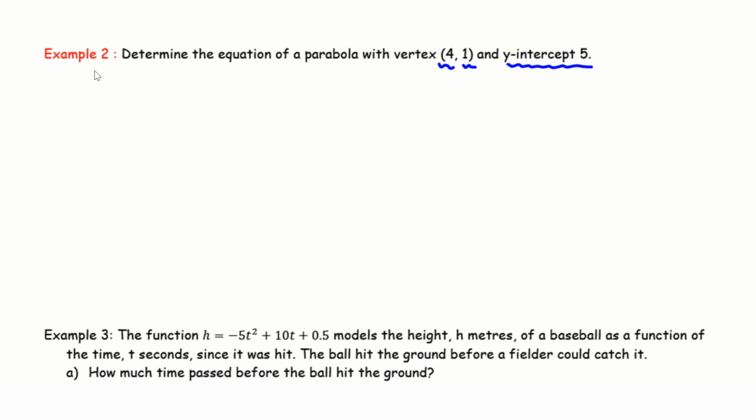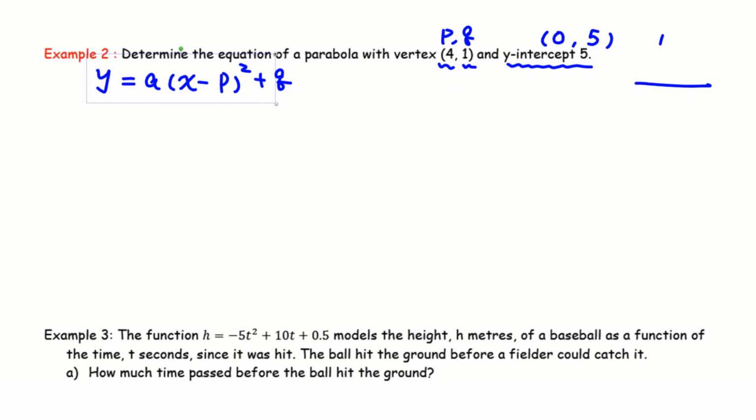We are going to use vertex form because the vertex is given: y = a(x - p)^2 + q. The given information is p, q for the vertex, and for the y-intercept, the x-coordinate is 0.